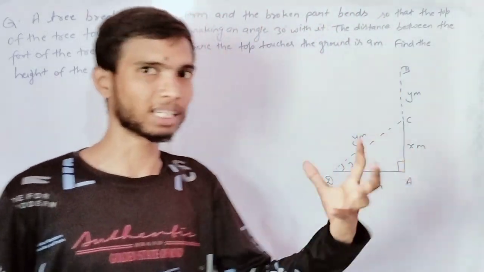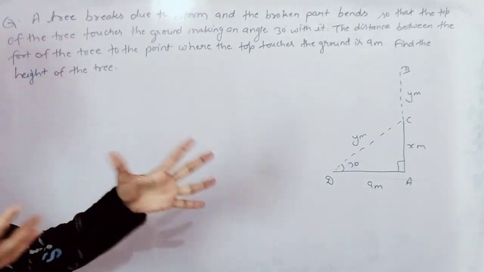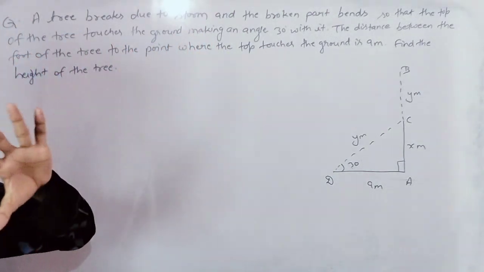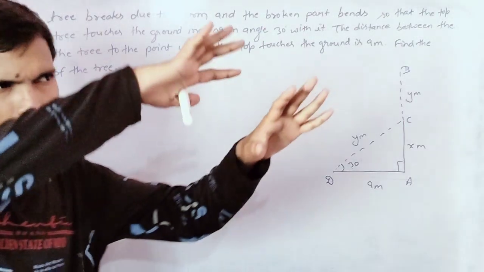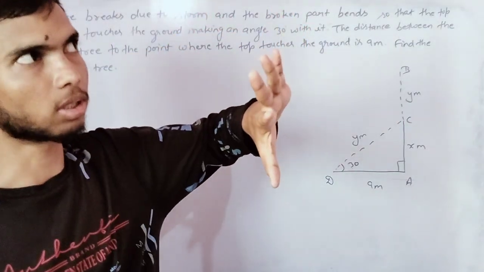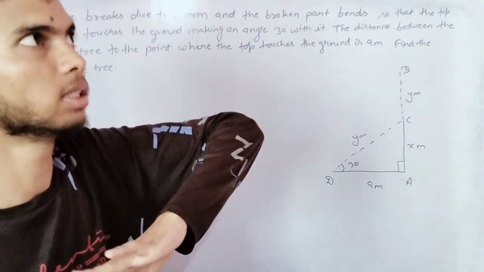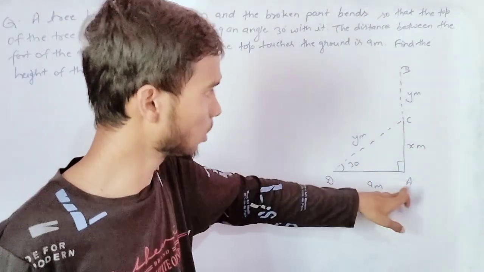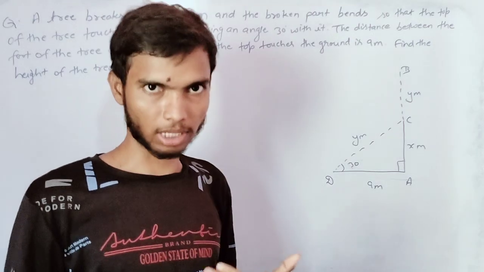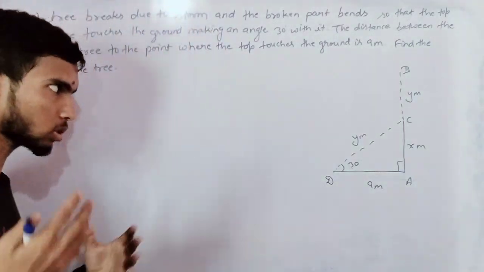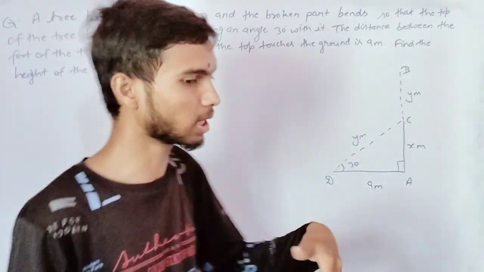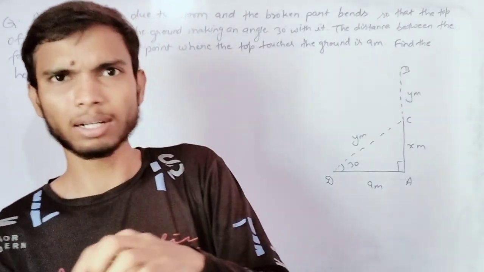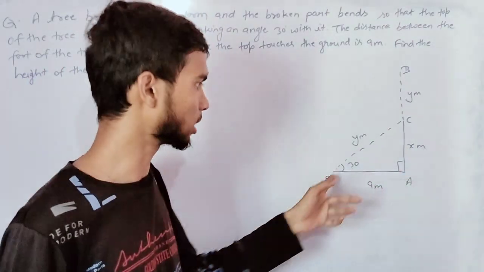So a tree breaks due to the storm, and the broken part of the tree bends. It looks like this, from here to here. AB was the tree. Now half part of this tree breaks and it bends like that.